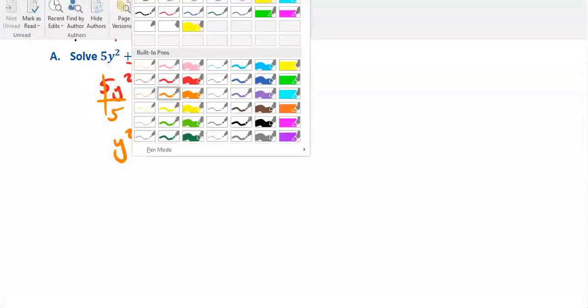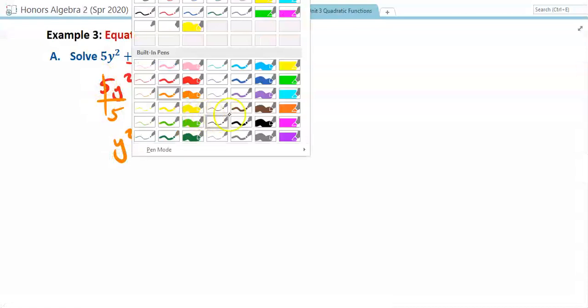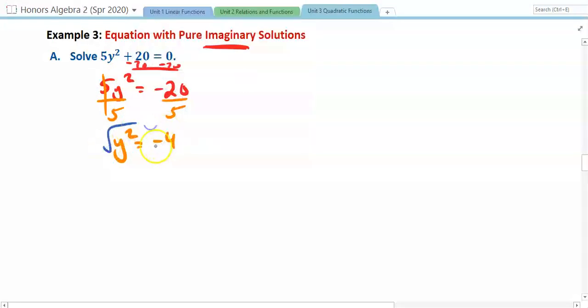And then my next logical step would be to take the square root of both sides. Now, remember that when I take the square root of both sides, we need the positive and the negative solution, because the square root cancels the square, and so I get y is equal to positive or negative the square root of negative 4. Well, that's going to break up into negative 1 and 4, and so that's going to give me 2i, because the square root of 4 is 2 and the square root of negative 1 is i.